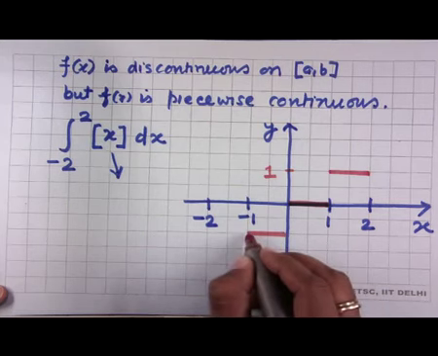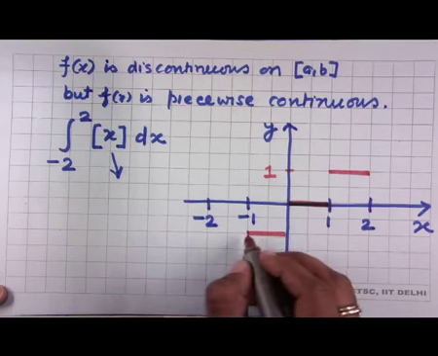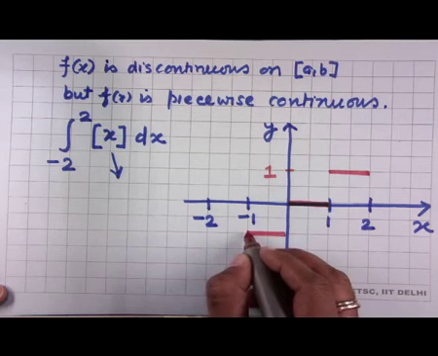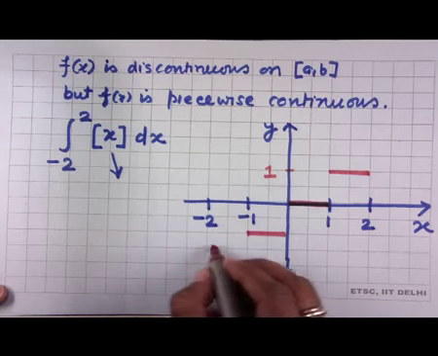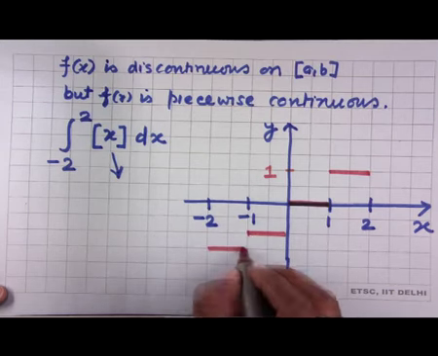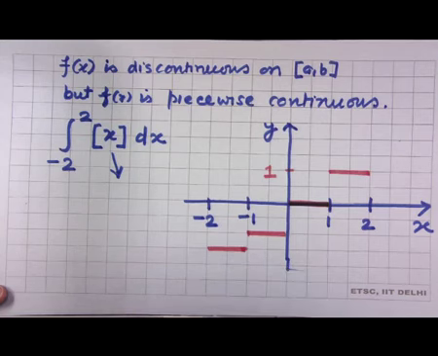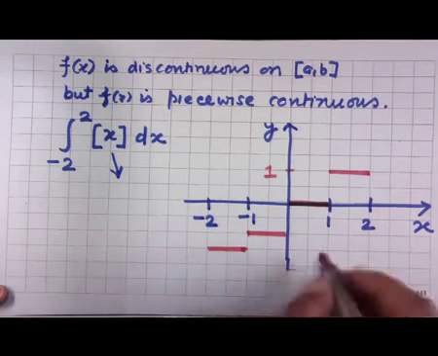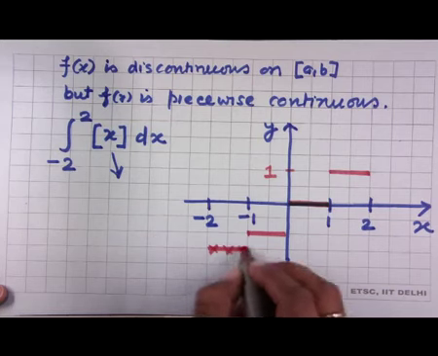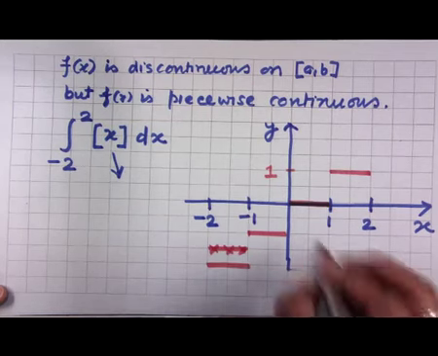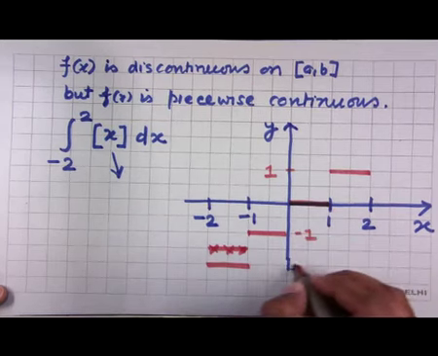At minus 1 it is minus 1, and between minus 2 and minus 1 it is minus 2. Sorry, not this, but somewhere here. This is minus 1, this is minus 2.